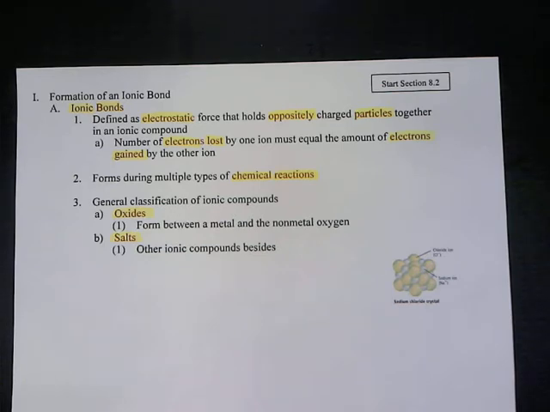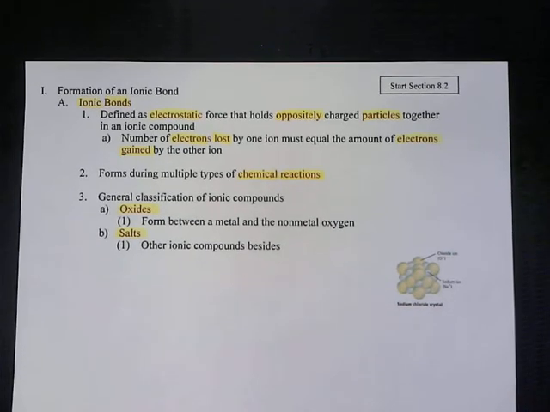Typically, our ionic compounds are usually classified into two categories: oxides and salts. So now we have an idea of what an ionic bond is.